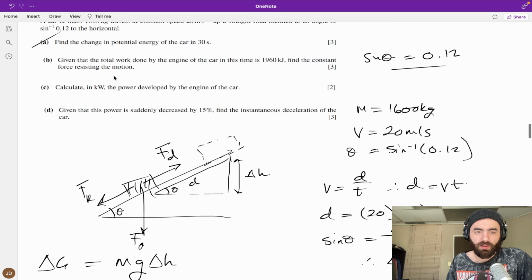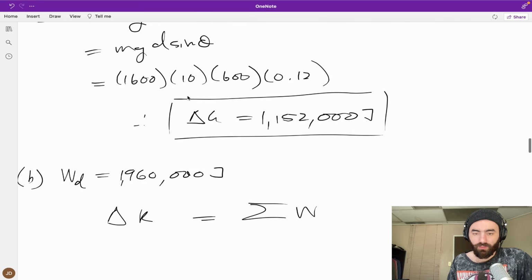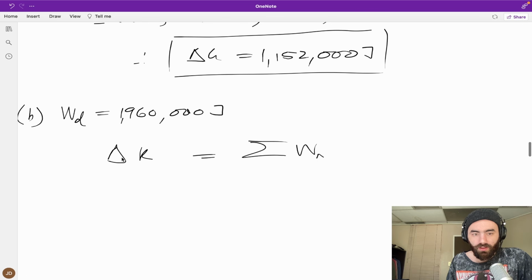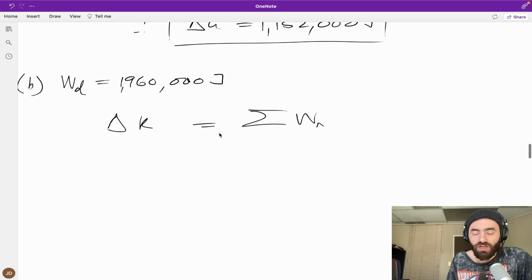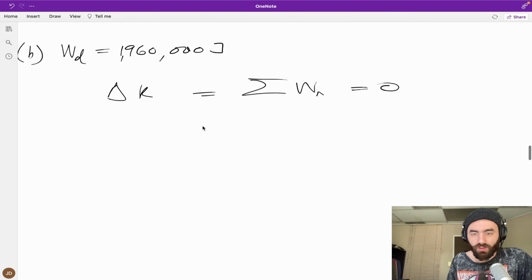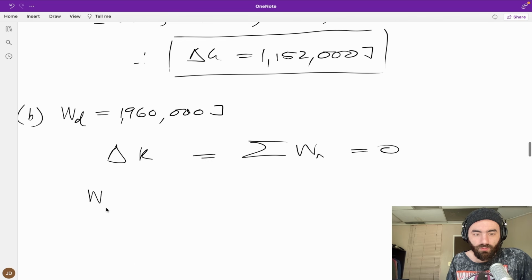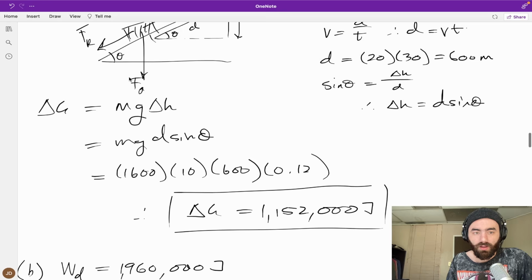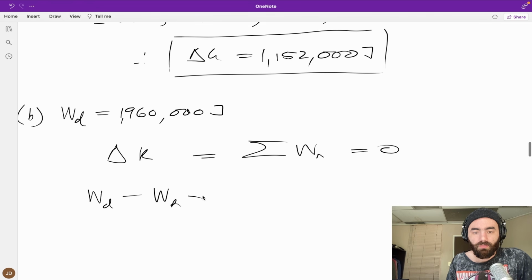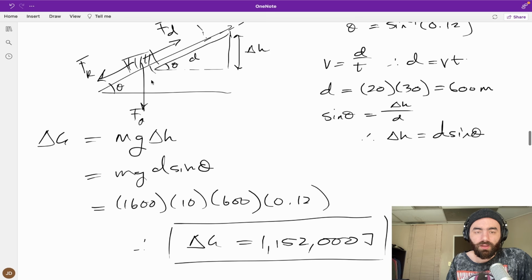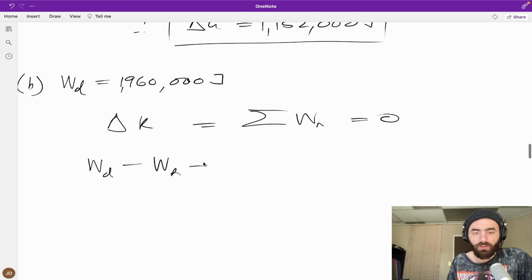We're trying to find the resisting force, which can be found through the work done by the resistance force. Because it's moving at a constant velocity, the change in kinetic energy is 0, so the whole thing equals 0. So the sum of all the work done is the work done by the driving force, minus the work done by the resistance force, which we want to find, minus the work done by gravity acting down the slope.